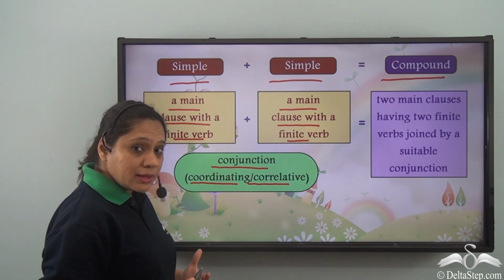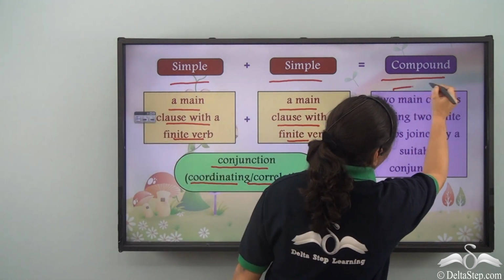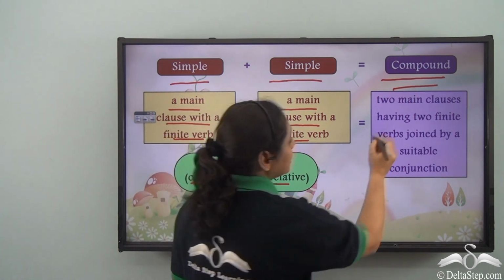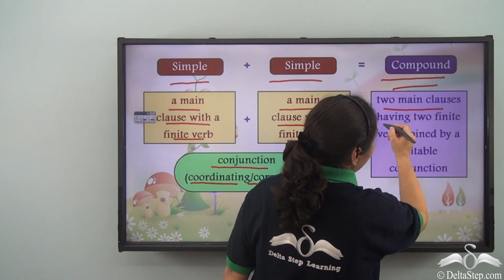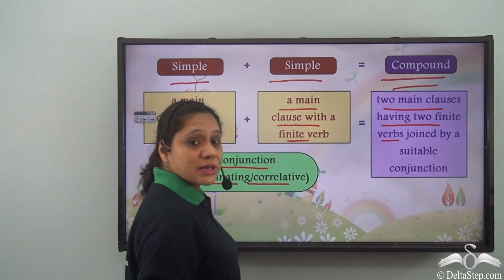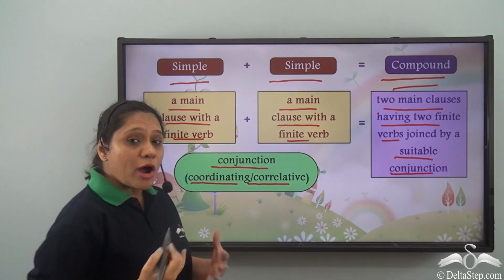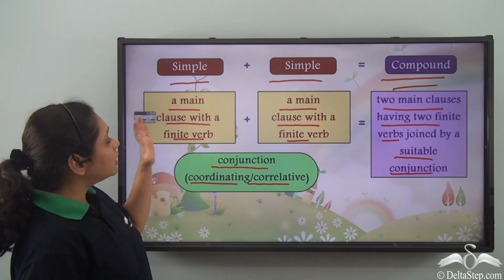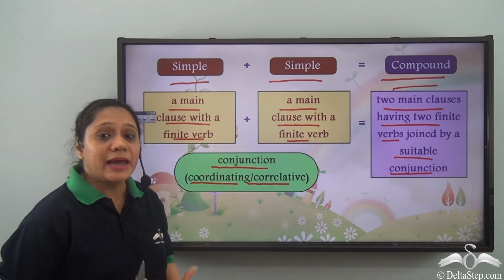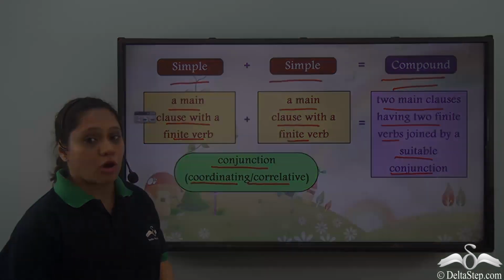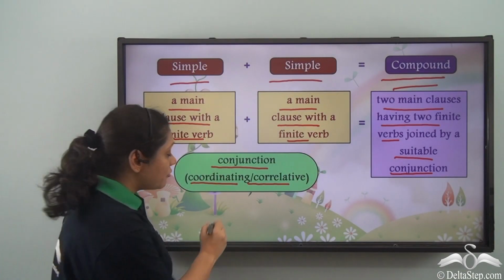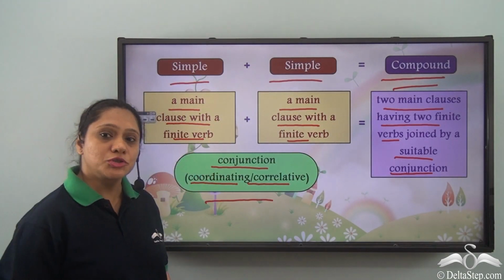And we are joining these to form a compound sentence which has two main clauses having two finite verbs joined by a suitable conjunction. So what we really need to do is look at the clauses, identify the purpose of each clause, and then decide which conjunction we are going to use.